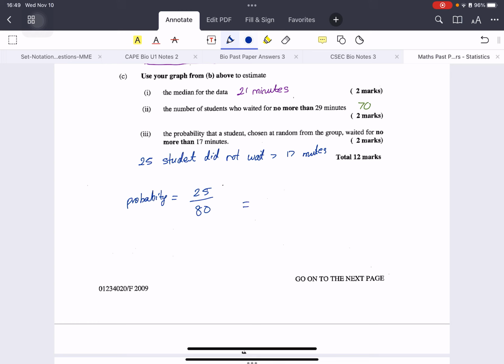And we can round this down. We can go 5 into 25 is 5. And if you're not sure about how much could go into 80, I know that 5 could go into 80 16 times, right? So it's 5 on 16. That's what I got. Some people might get 26 students instead of the 25, but as I said, there's a leeway between what answer you would get, right? And that's the probability, 5 on 16.